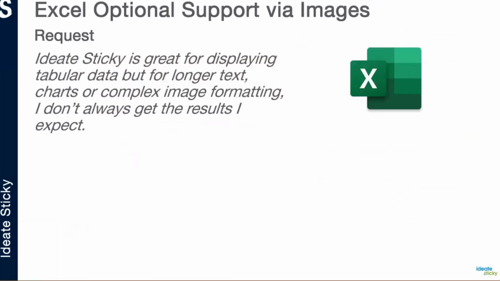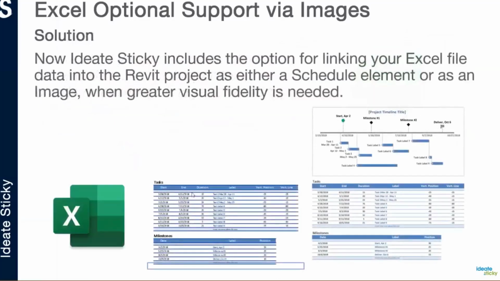And then again, just some quotes here. And I wanted to talk a little bit about the differences between schedules and images. So this is a good sort of slide here, because on the left, it shows that image down below that says tasks, and this is from Excel. And you might have a chart.